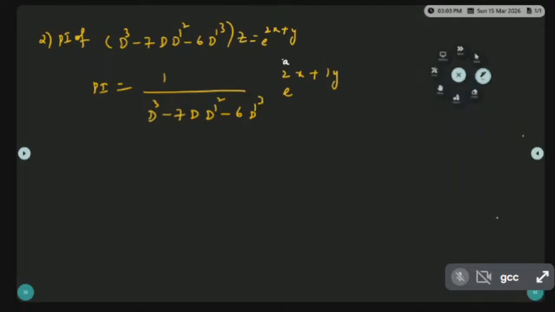This is a, this is b. Now substitute d equal to a, d dash equal to b. Now complete that. And in the next problem, I will concentrate on how to handle it if the denominator becomes 0.